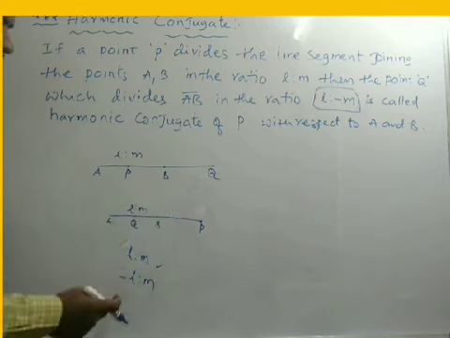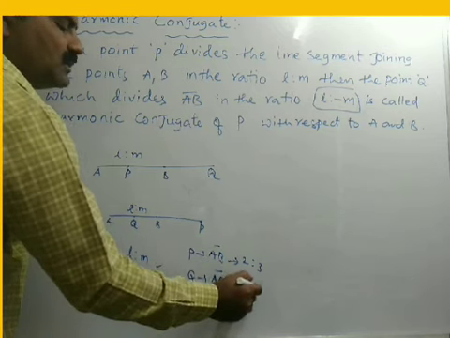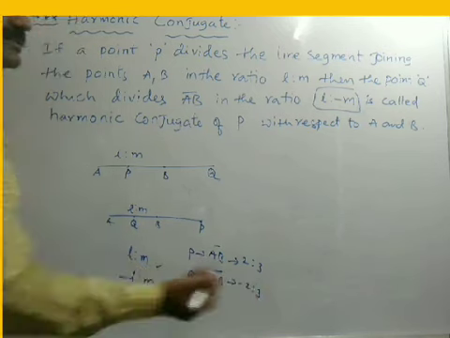For example, if P divides AB in the ratio 2 is to 3, and Q is the harmonic conjugate of P, then Q divides AB in the ratio minus 2 is to 3. Okay. So the only thing is one is dividing internally and the other is dividing externally.